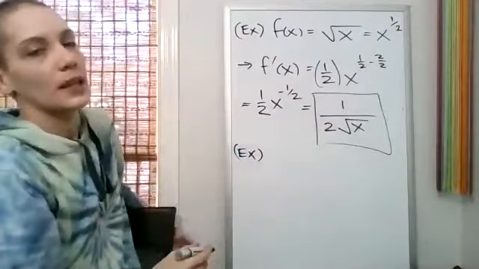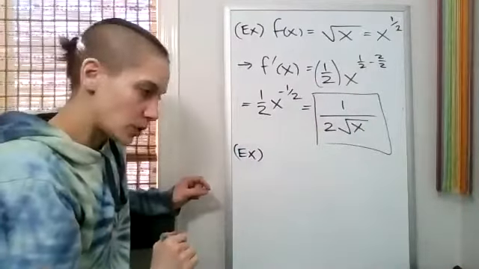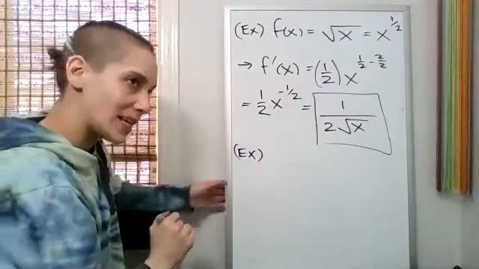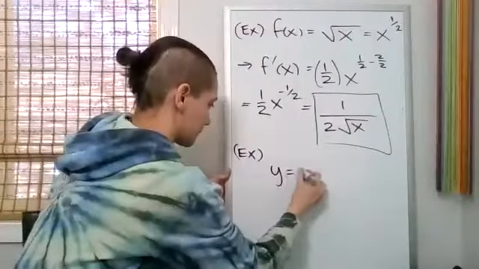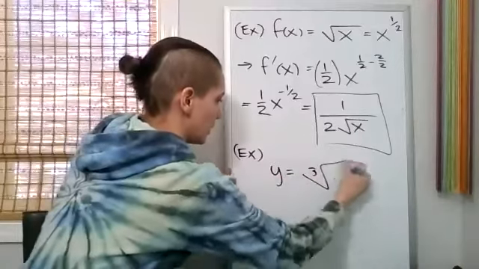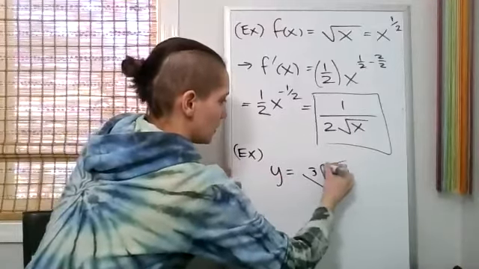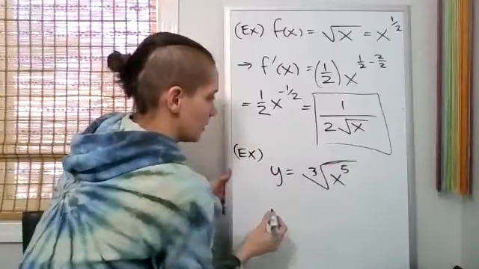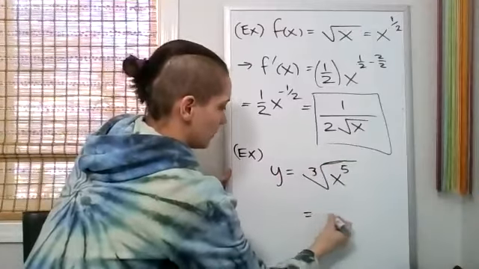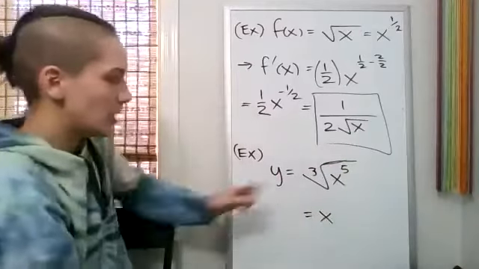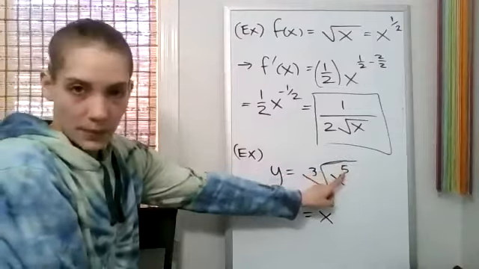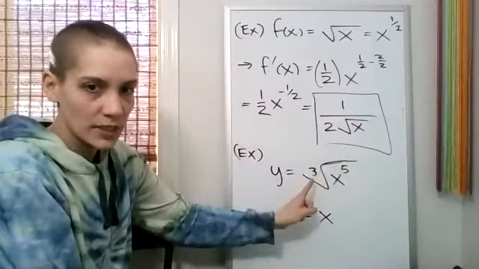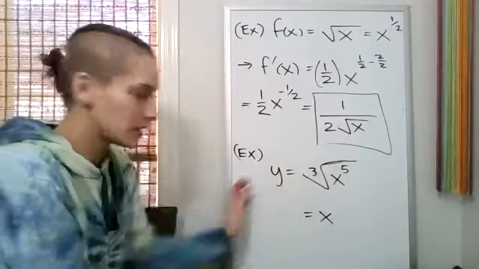One more. f of x equals, let's do this. Let's let y equal the cube root of x to the 5th. So this would go in the numerator, the root goes in the denominator, power of 5/3.